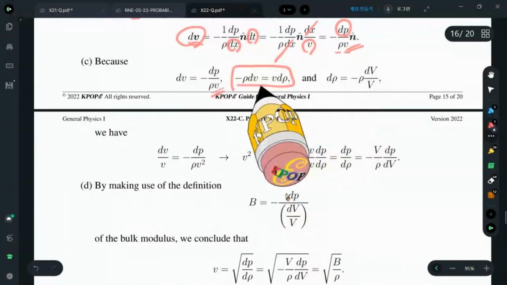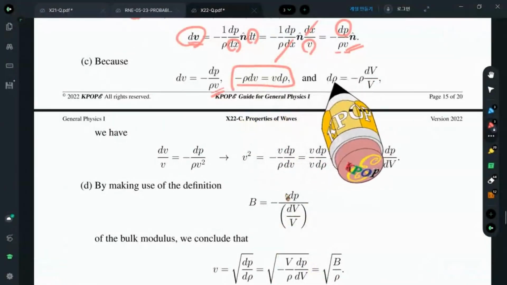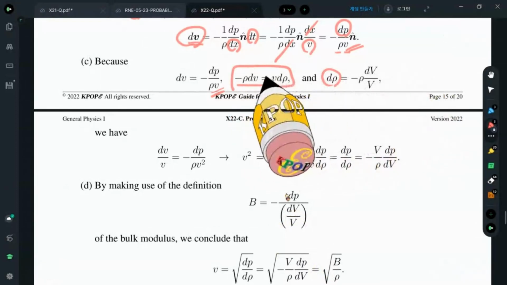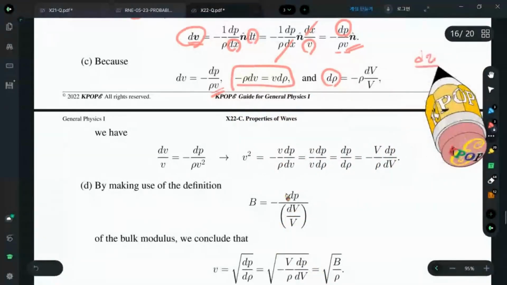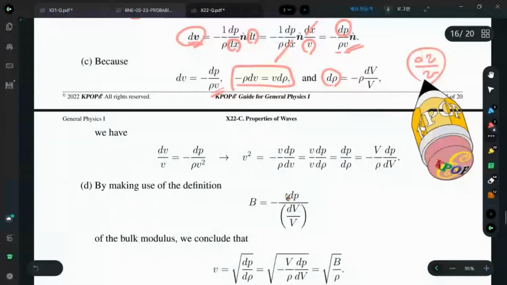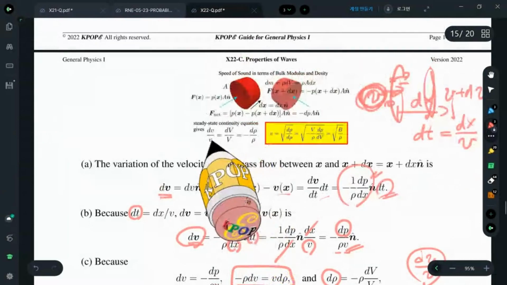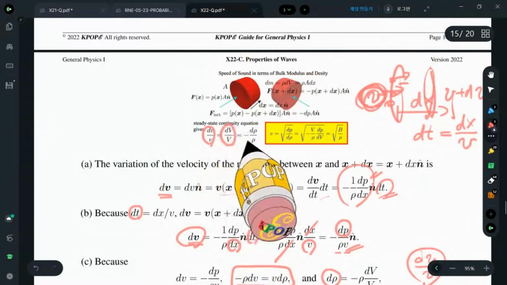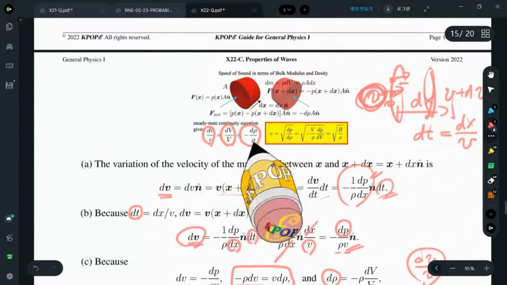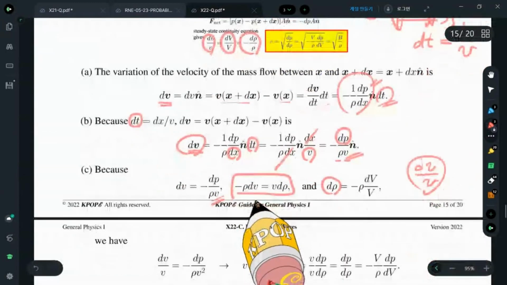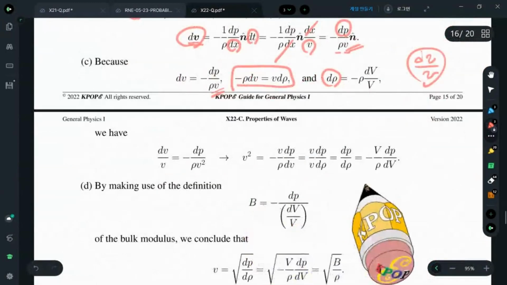And from here, this is replaced with dv, the velocity change, divided by the velocity. And I told you this can always be expressed in this way as an identity. This is a steady state continuity equation.